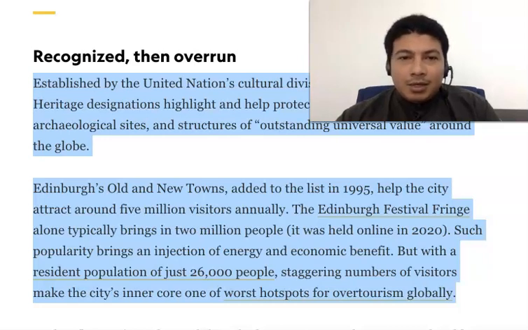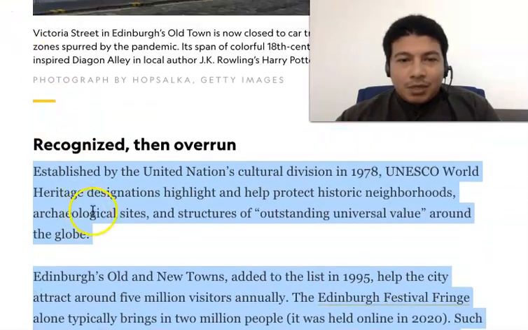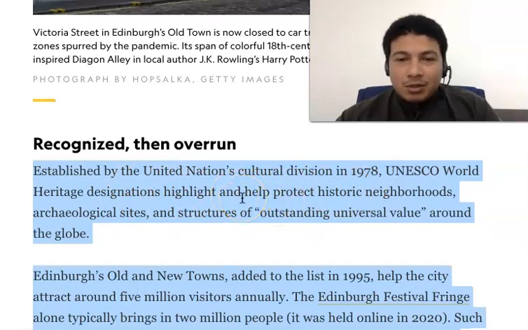If we take a look at this paragraph from the National Geographic News, we can see that the first part of the paragraph is the main idea or the main point, where it says: established by the United Nations Cultural Division, UNESCO World Heritage designations highlight and help protect historic neighborhoods, archaeological sites, and structures of outstanding universal value around the globe. So that is what UNESCO does, which is to protect historical places.